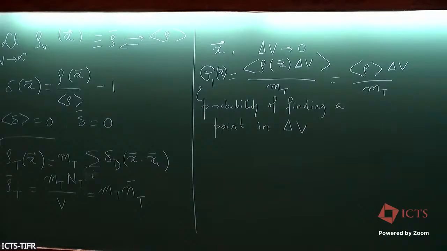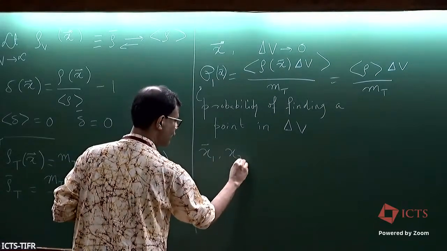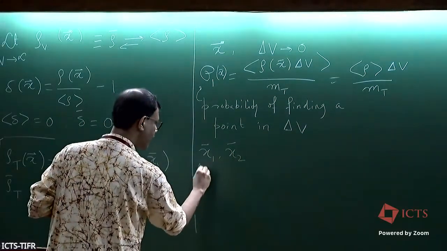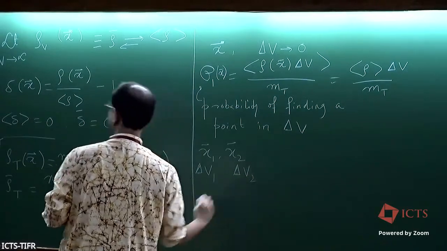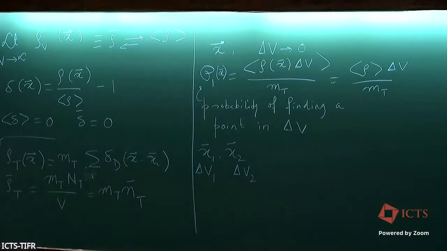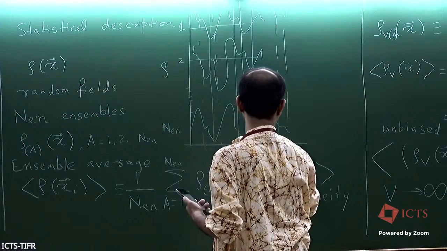Now I ask the next question. I take 2 points, x1 and x2, and around x1 I take a volume delta V1, around x2 I take a volume delta V2. So I have a delta V1 somewhere here and another delta V2 here.